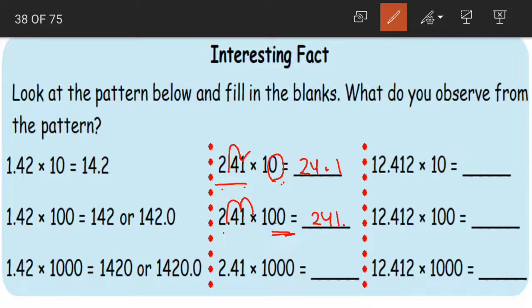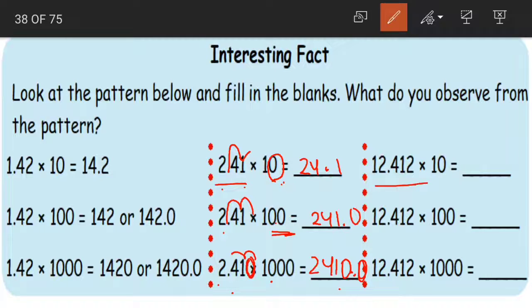So it would be 241 or 241.0. Next we have 2.41 into 1000. Again we have to move three places, but there is no third digit, so we'll keep a 0. 2410 is our answer here. Or if you want to keep a point, you can keep 0.0.